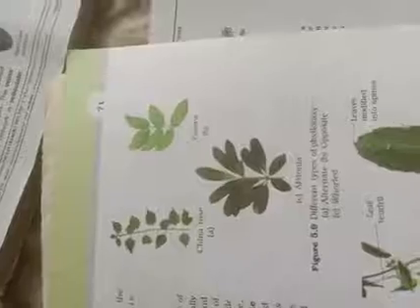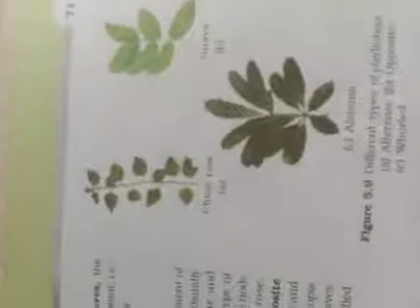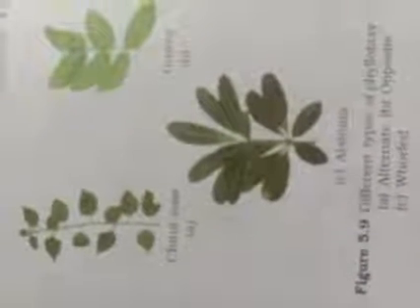Again repeating, phyllotaxy is the arrangement of leaves on the stem. It is alternate, for example China rose, which means hibiscus. Mustard is also an example, and sunflower is another example. Then a pair of leaves arises at a node and is arranged oppositely, that is guava.